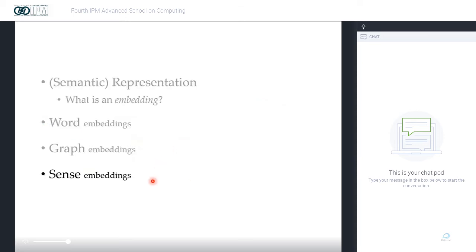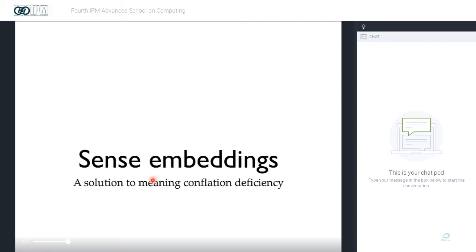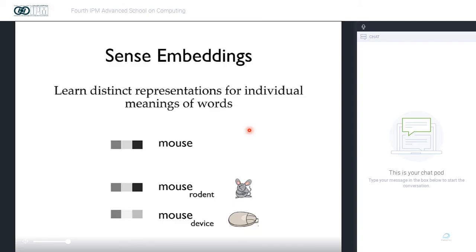This takes us to sense embeddings, which is a way of addressing the meaning conflation deficiency I talked about earlier in word embeddings. But given that sense embeddings are kind of replaced by contextualized embeddings, I'm not again going to talk much into the details of sense embeddings, and very briefly I'll just describe some of the main ideas here. The idea behind sense embeddings is to learn distinct representations for individual meanings of words.